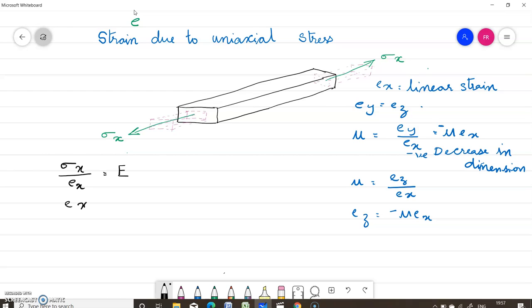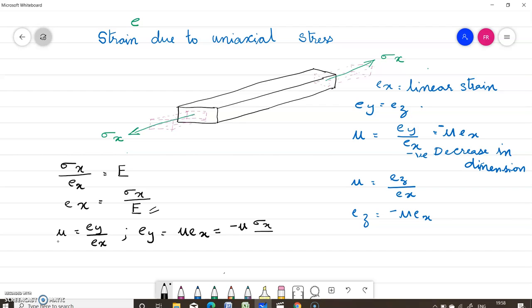So strain in x direction equals stress in x direction by Young's modulus of elasticity. But we know Poisson's ratio equals strain in the lateral direction by strain in the longitudinal direction. So we can write Ey is equal to mu into Ex. Since it is reduction in dimension, you can write minus mu into Ex, and Ex is sigma x by E.